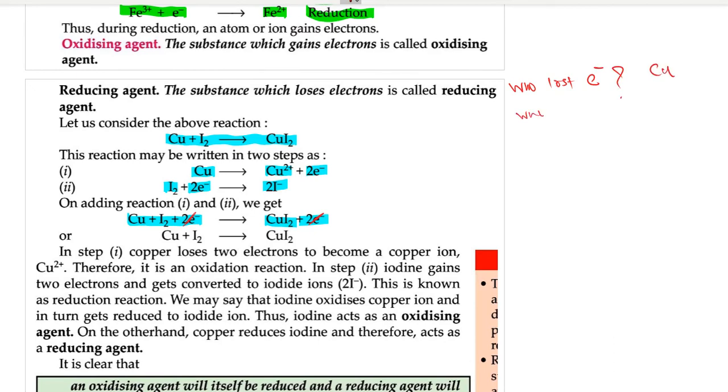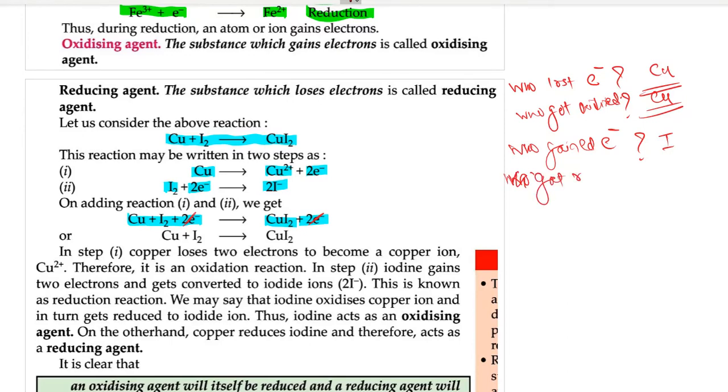So who got oxidized? Copper. The substance which loses electron is the substance which gets oxidized. Who gained electron? Iodine. So who got reduced? Iodine. Iodine is I2. Iodine got reduced.